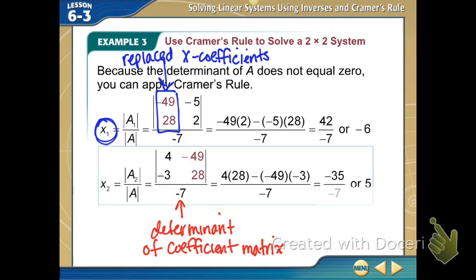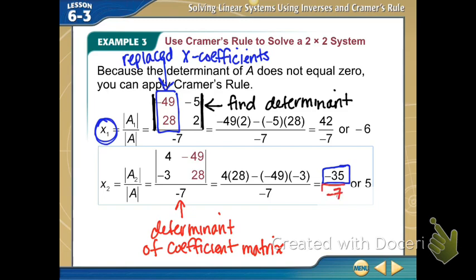After you replace the x coefficients, these vertical lines on either side mean find the determinant. So I find the determinant of the numerator and I get -35. I find the determinant of the denominator, which is the original coefficient matrix, and I got -7.